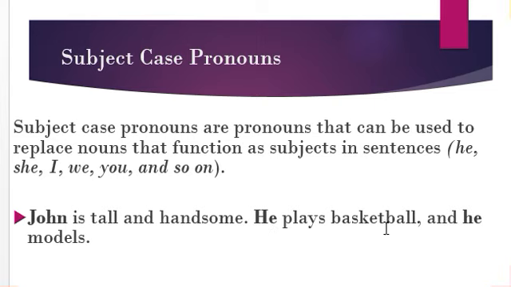He plays basketball and he models. Now look at this very well. You can see the examples given here: he, she, I, we. We can replace John with any of these successfully except I and except you.